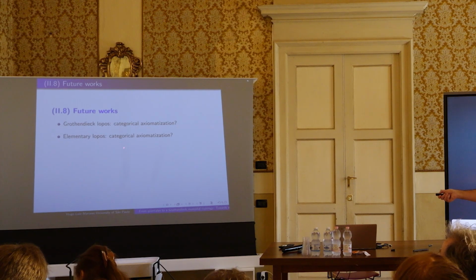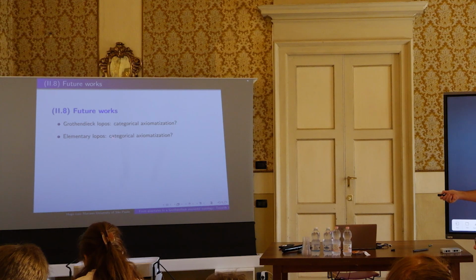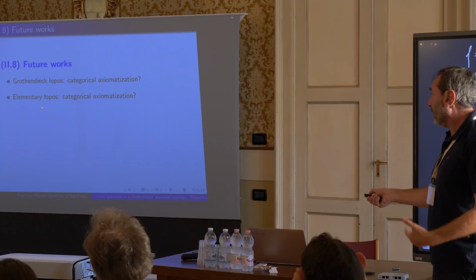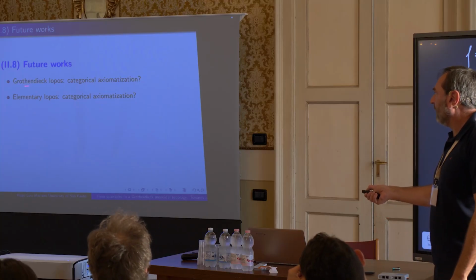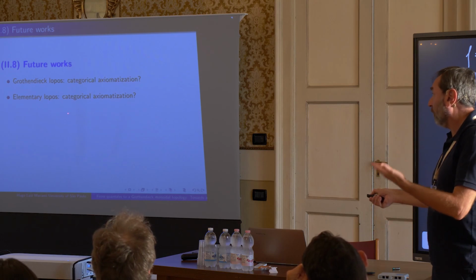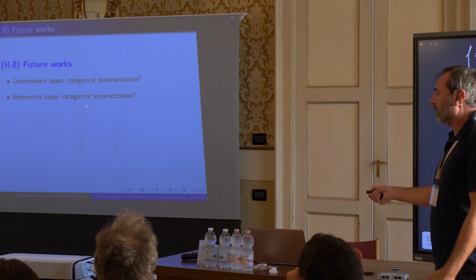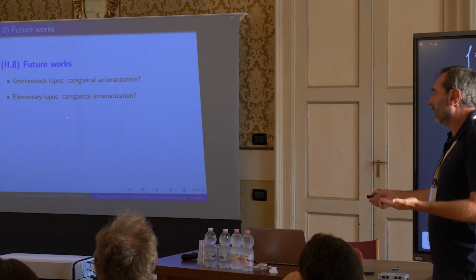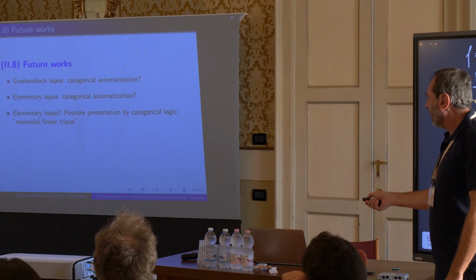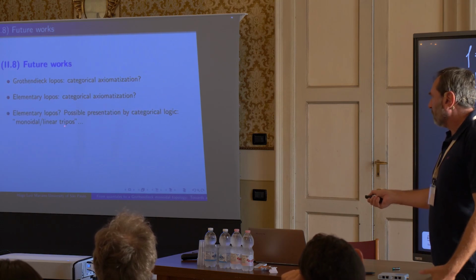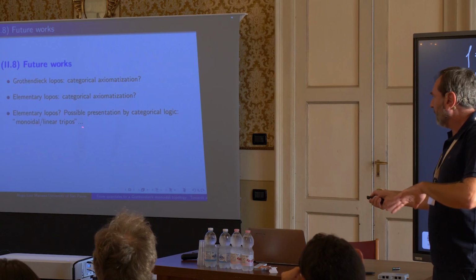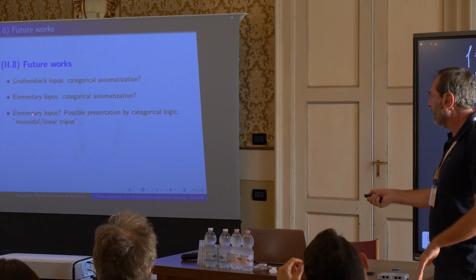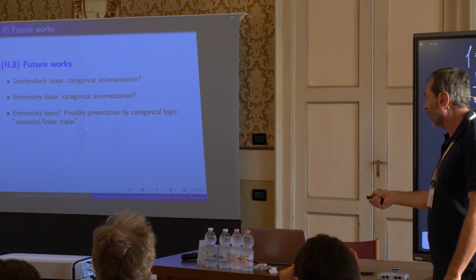Of course, we have to think much more about what should be an elementary topos, lopus, in this situation. What are the right categorical axioms? And the work of José Alvim is still ongoing.